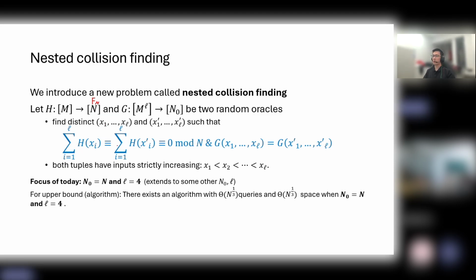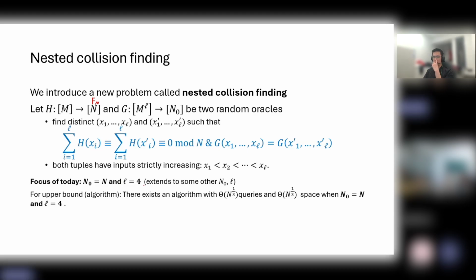The restriction on the tuples is just the normal restriction: there's an order, and permuting a tuple does not count as a new one. Today we will focus on the case where N0 is equal to N and L equals 4. For many parameter regimes we can get the space-time trade-off, but this is one example.